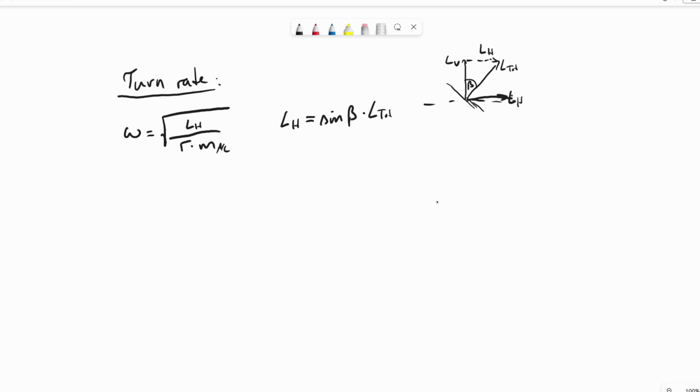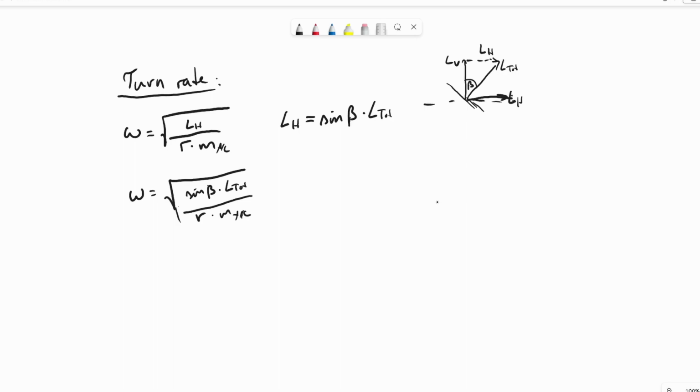Okay, so important. Now let's plug this in first to see how that goes. So we have sine beta times L total divided by R times mass of the aircraft.